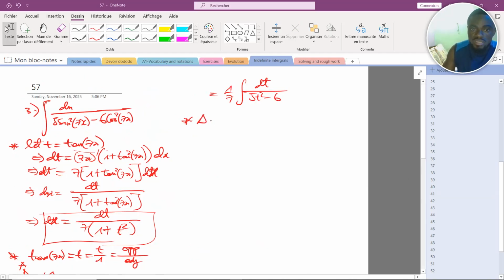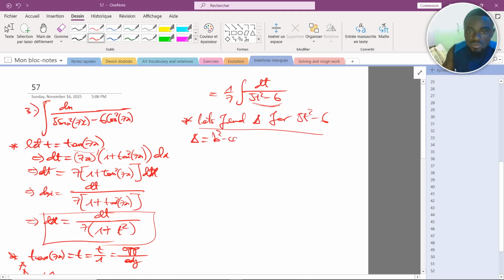Let's find the delta of this, which is equal to b squared minus 4ac. Your examiner needs to understand what you are doing. Let's find delta for 5t squared minus 6. Delta is b squared minus 4ac.